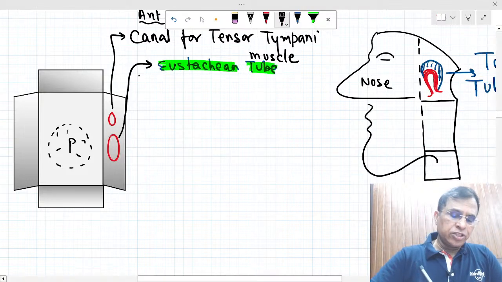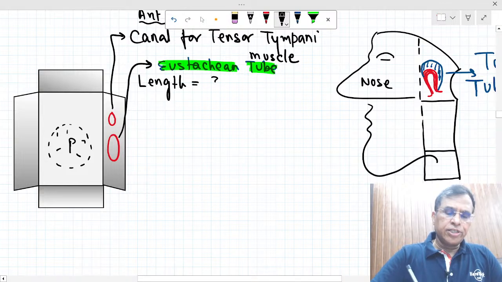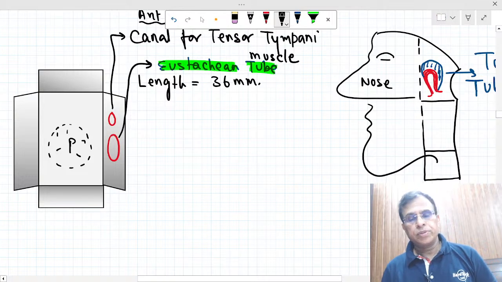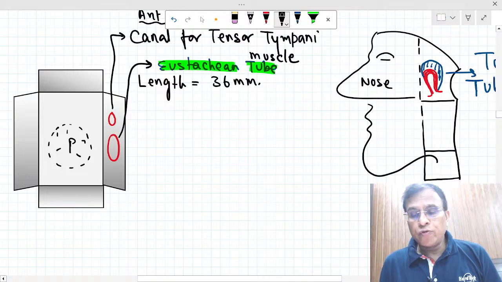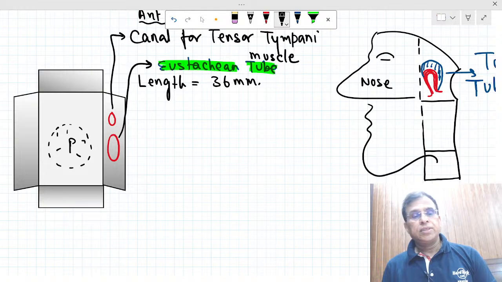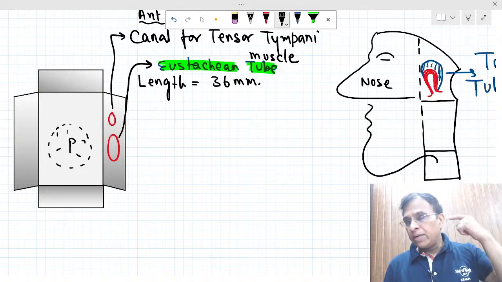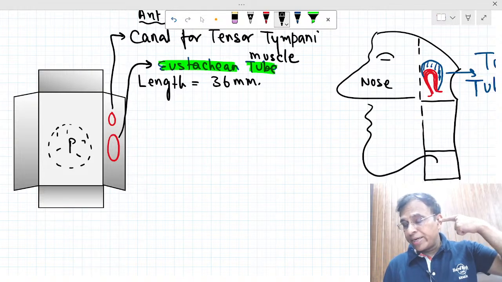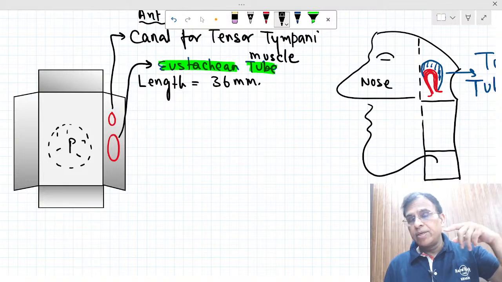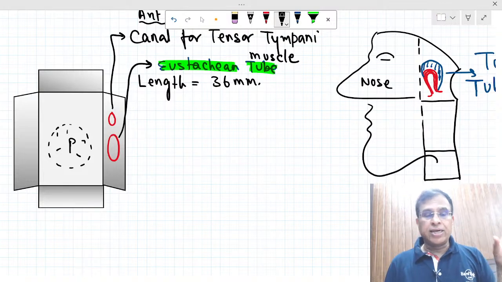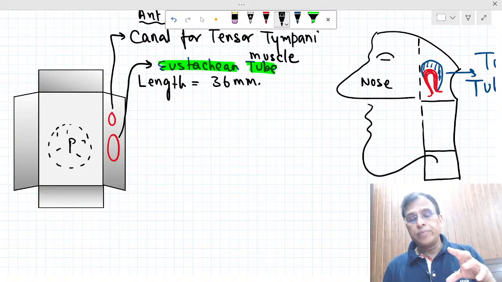So what is the length of the eustachian tube? Anybody? This is a simple thing, 36 millimeters long is the length of the eustachian tube. What is the eustachian tube made up of? If I ask you what is the external canal made up of, I told you outer 1/3 is cartilage, inner 2/3 is bony.